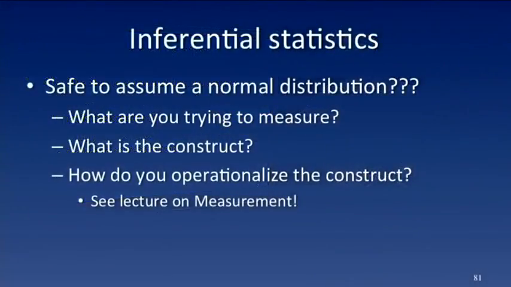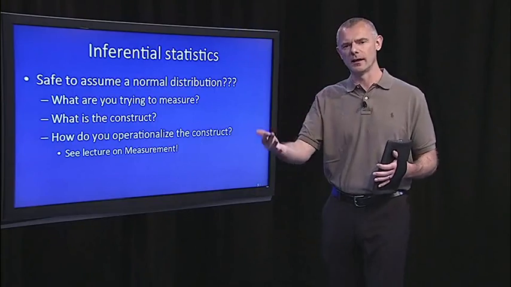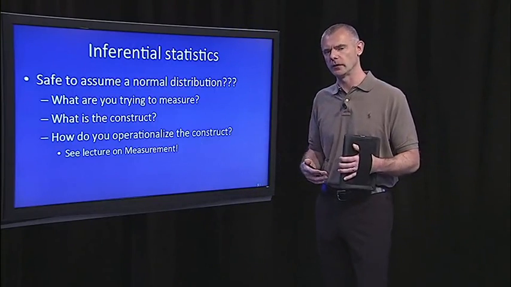That all depends on measurement issues. And so we're going to spend an entire lecture on measurement. And in measurement, we'll talk about what is the construct under investigation. So say intelligence is a psychological construct. How we operationalize that is a phrase I'll use in the measurement lecture.